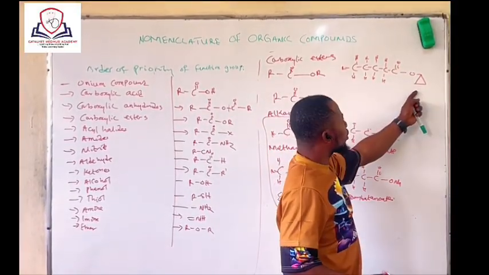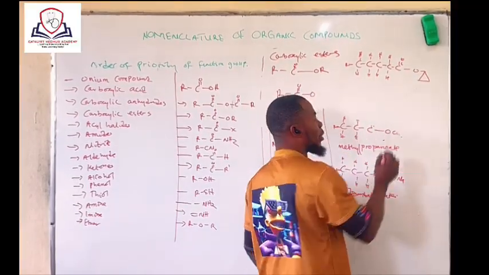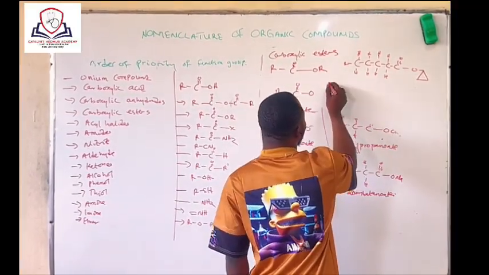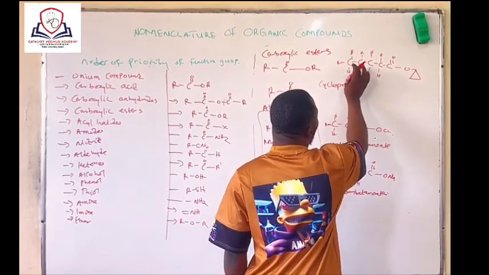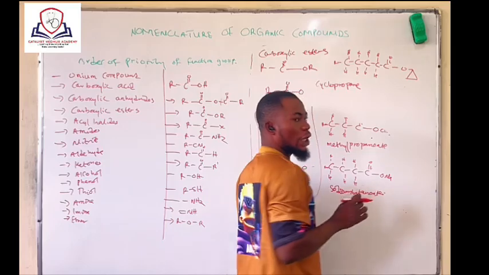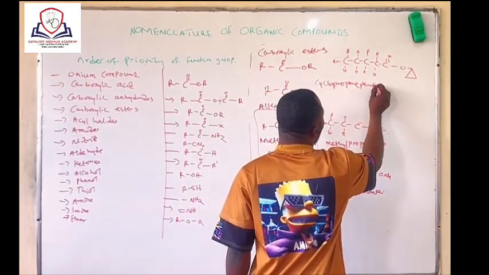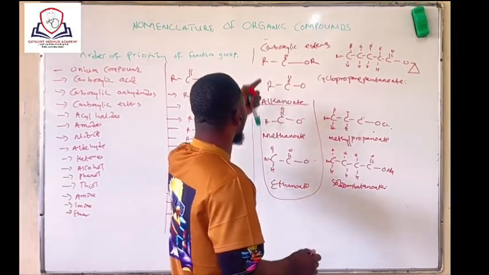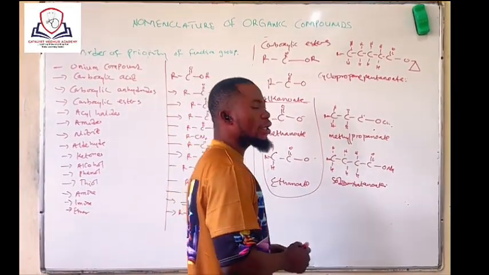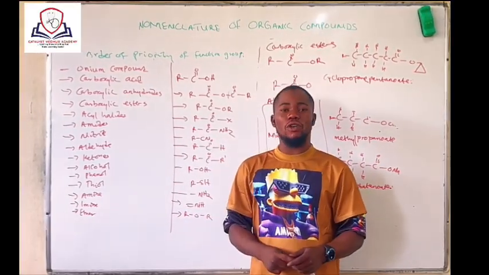Now, what compound is this? 1, 2, 3, carbon number 3, and it is in cyclic form and it is an alkane. It will now be cyclopropane. Then 1, 2, 3, 4, 5, carbon number 5 is pentane, pentanoate. So this is how you can name carboxylic esters. These are our first series in nomenclature of organic compounds.